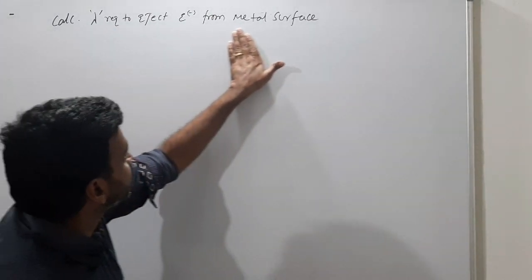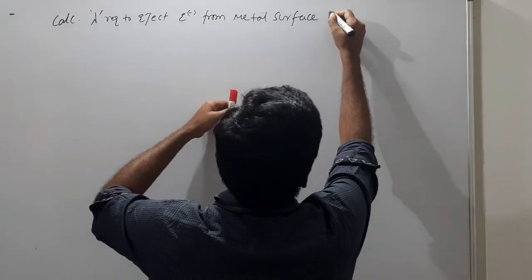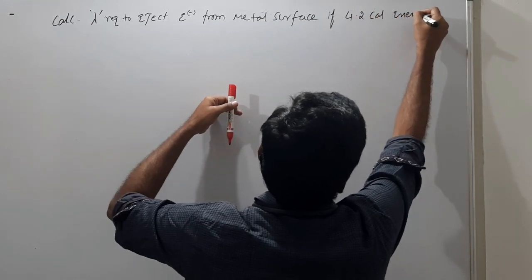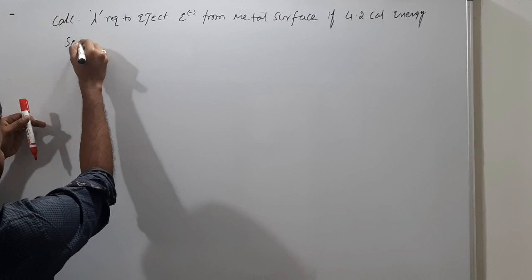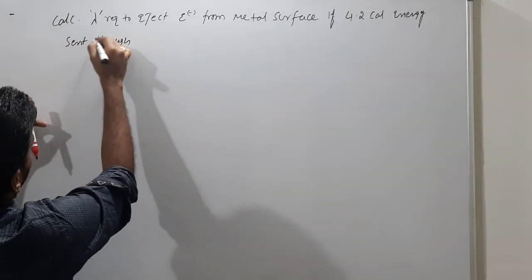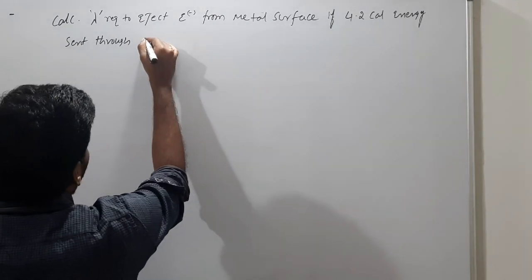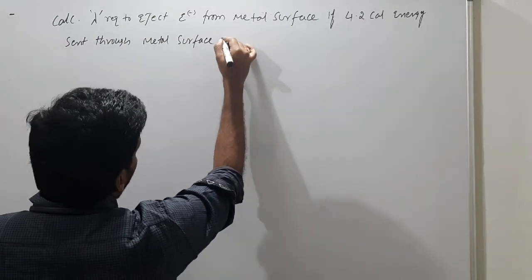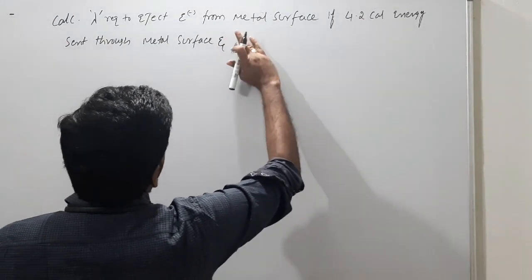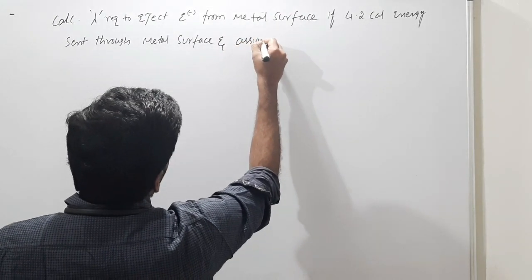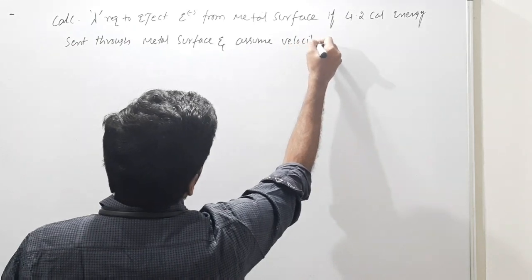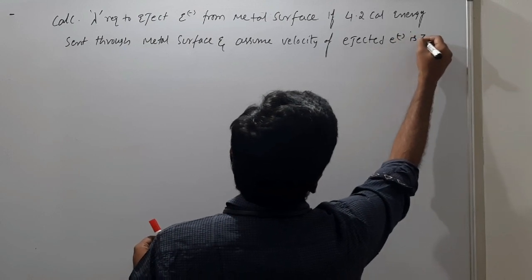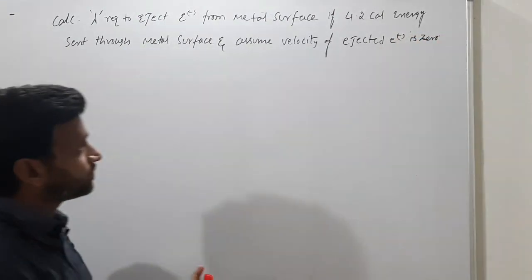Calculate the wavelength required to eject an electron from a metal surface, if 4.2 calories energy is sent through the metal surface, and assume the velocity of the ejected electron is 0. Understood the numerical, everyone?